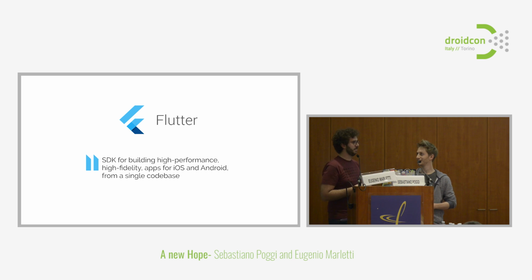Basically, Flutter is composed of several pieces. There's a rendering engine, and there is also a functional reactive framework built on top of it that you can use or avoid using if you want. That is kind of inspired by React Native, in a way, React and React Native. It is fully open source.